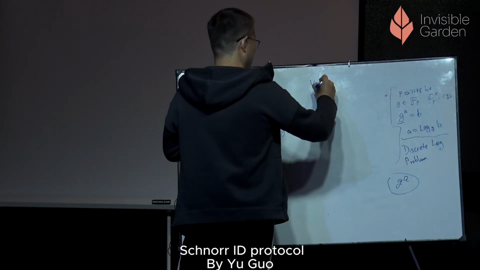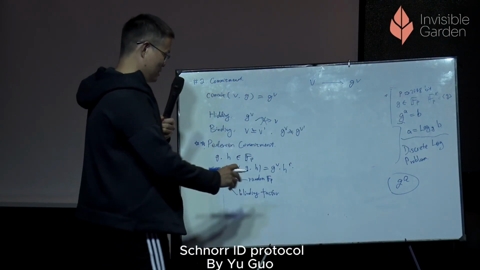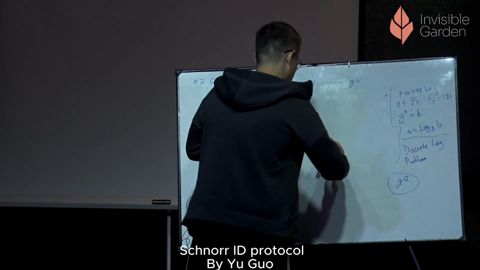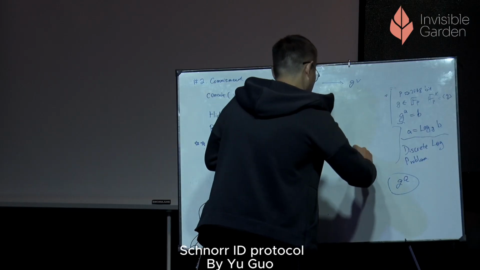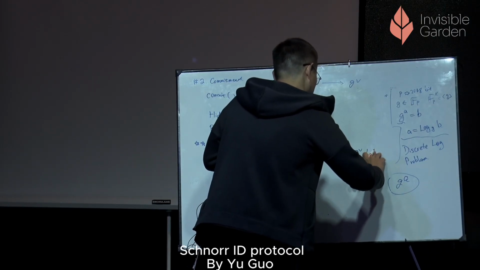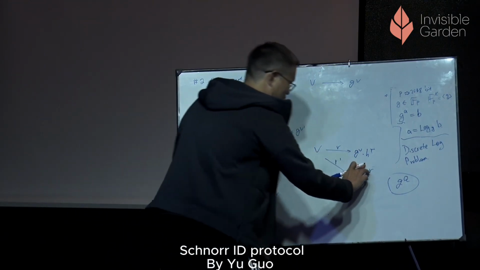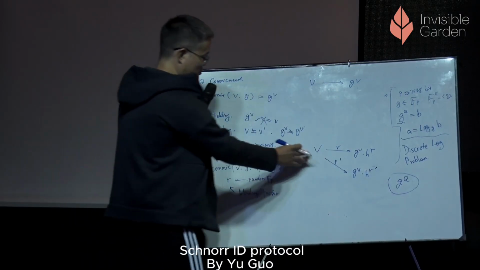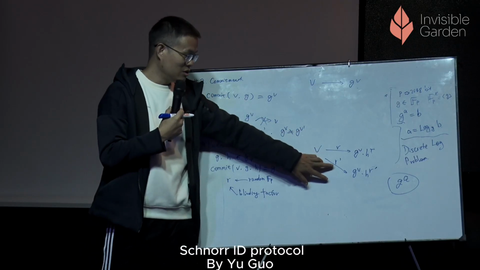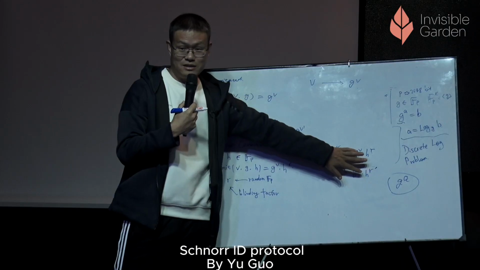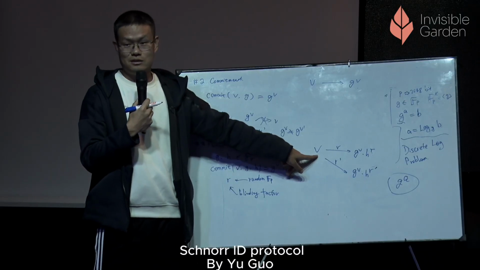V is a one-to-one map to G to V. But here we use a different random number, R prime, so if we choose a different blinding factor, we generate a different commitment, but two different commitments for the same private data, right?